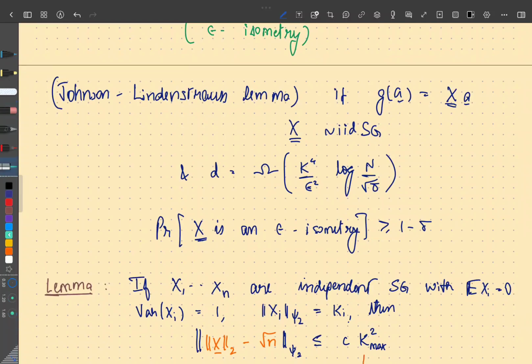In particular, you want the little d to be independent of capital D. If you can achieve that, then that's really the gold standard. Okay. So that's it for this particular video. In the next class, we'll look at a different class of concentration inequalities, more powerful classes of concentration inequalities, and some applications of those.